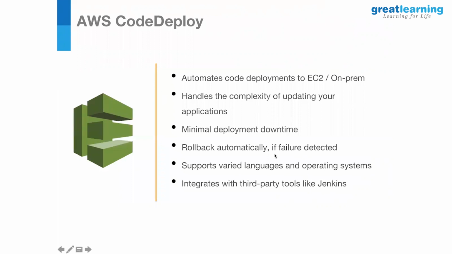Okay. And you can deploy a nearly unlimited variety of application content such as code, your serverless applications, Lambda functions, web and configuration files, executable packages, multimedia files or your video files, scripts, and so on.